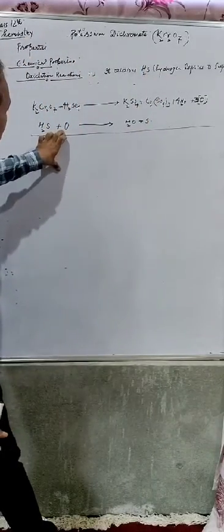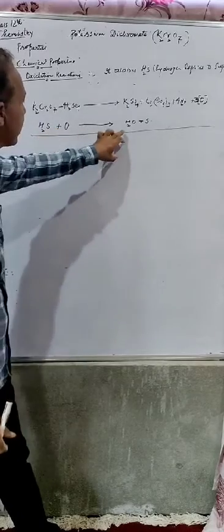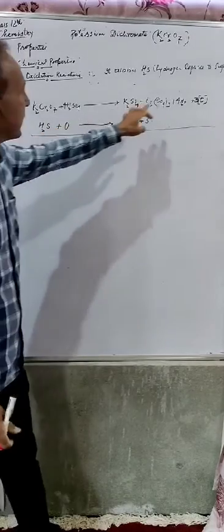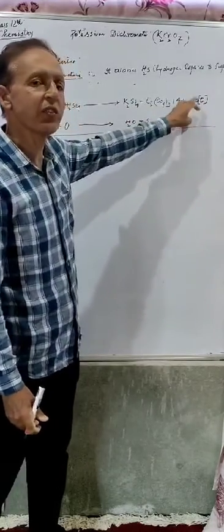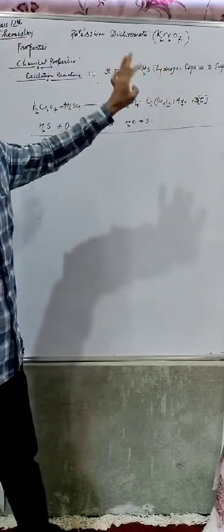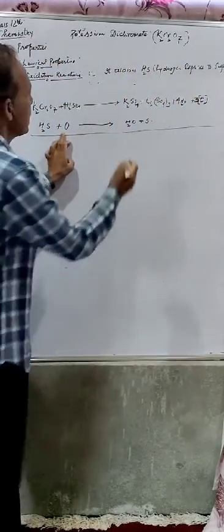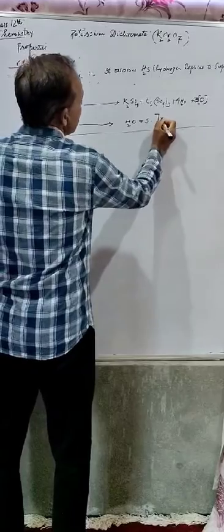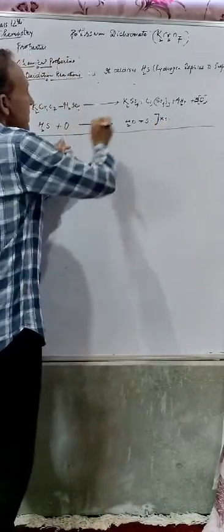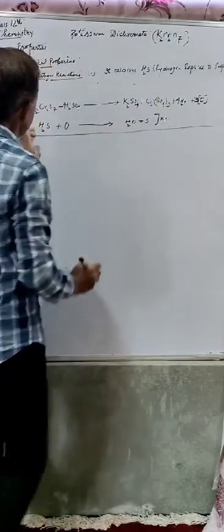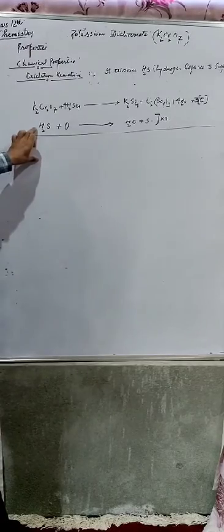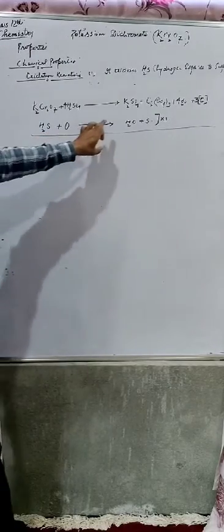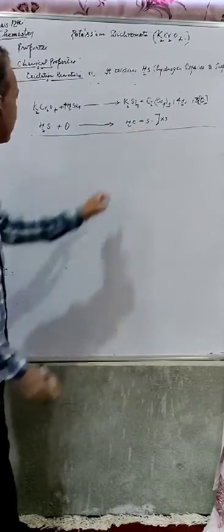So here the second reaction is balanced, but in the first reaction on the right hand side we have 3 times nascent oxygen, and we have to multiply this reaction by 3 so that we will cancel the nascent oxygen. The second reaction becomes thrice H2S plus thrice O becomes thrice water plus thrice sulfur.